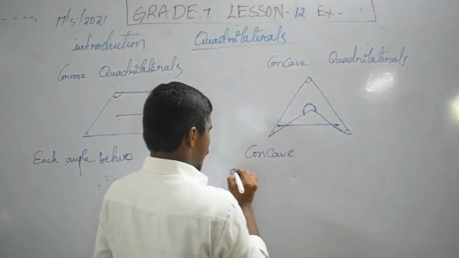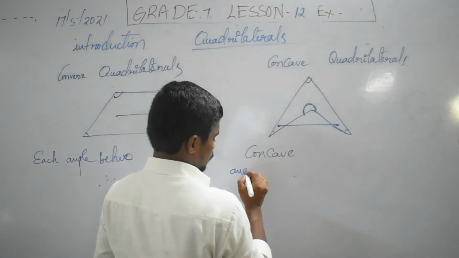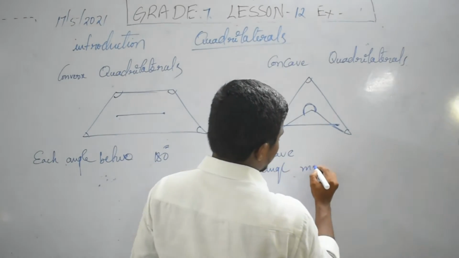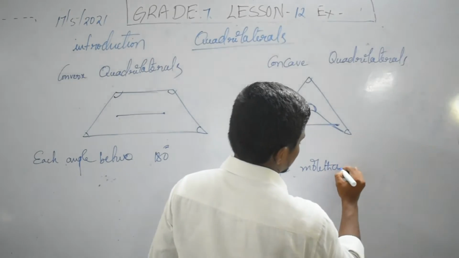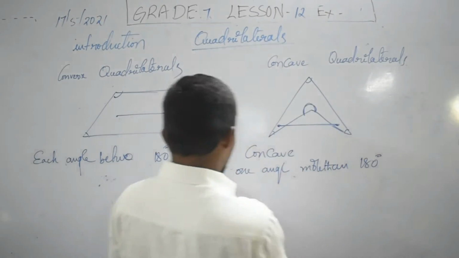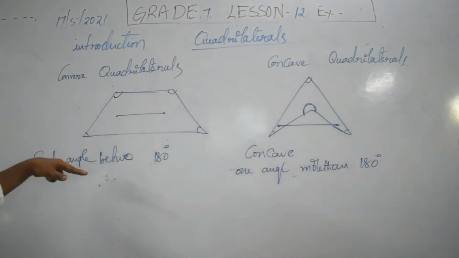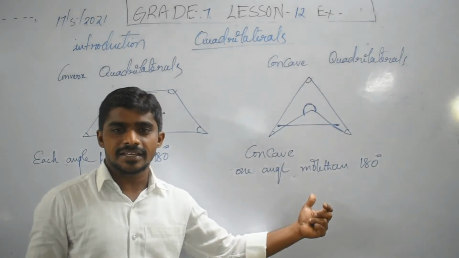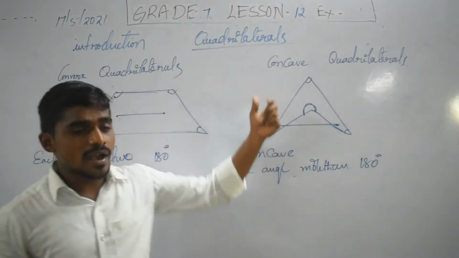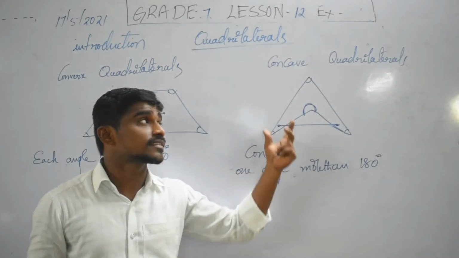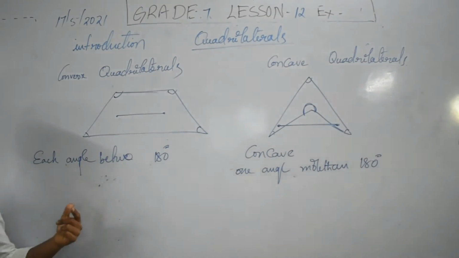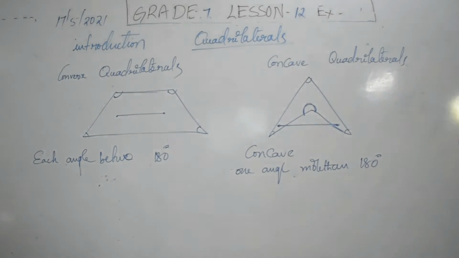One angle is more than 180 degrees. Simple, that is the one difference. Each angle below 180 degrees is called a convex quadrilateral; one angle more than 180 degrees is called a concave quadrilateral.